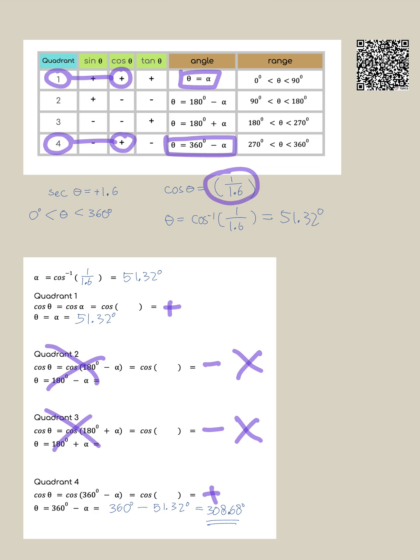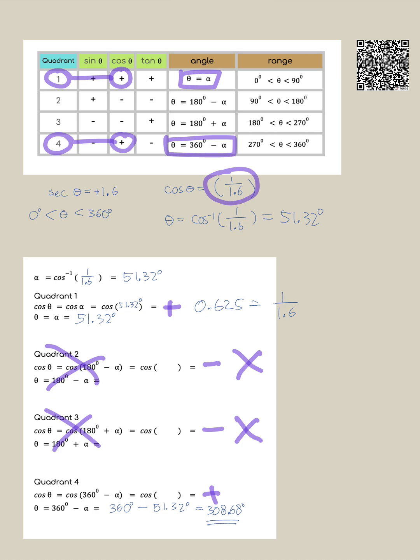We press this into the calculator, cosine 51.32 degrees, and that would be 0.625, and this is 1 over 1.6, which is correct, because cosine theta is supposed to be 1 over 1.6, which means secant theta is 1.6.